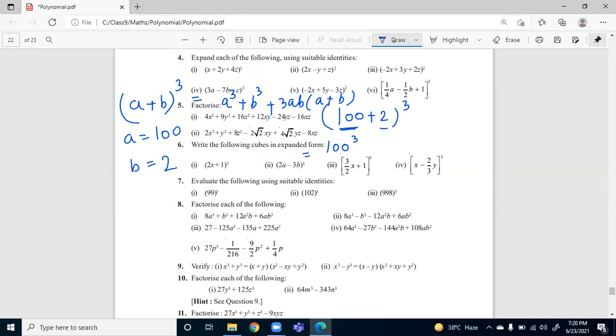So a cube is 100 cube plus b cube is 2 cube plus 3 into 100 into 2, that is 600, and in the bracket 100 plus 2. If you solve it, you have to write 6 zeros. 2 cube is 2 into 2 into 2, that is 8. 600 into 100 is 60,000, plus 1200.